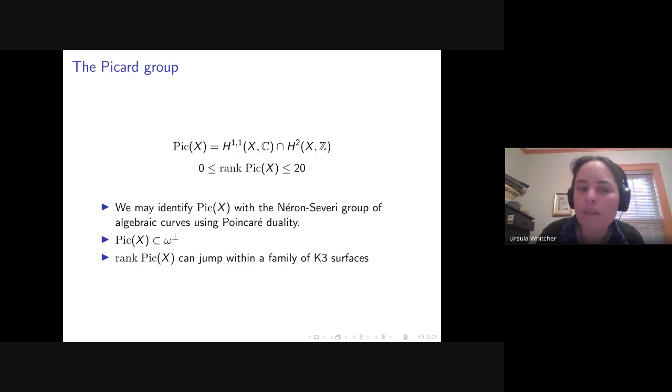It's always going to be perpendicular to the holomorphic form. So if you have a high Picard rank, you're restricting the possible variations of your holomorphic form that you can take. But the Picard group is really this kind of discrete invariant. And so if you're looking at a family of K3 surfaces, you can have sudden increases in the Picard rank. It's not going to be a smoothly varying thing.